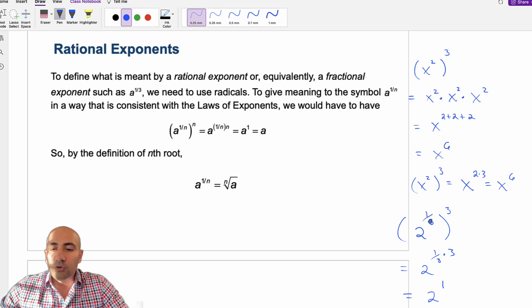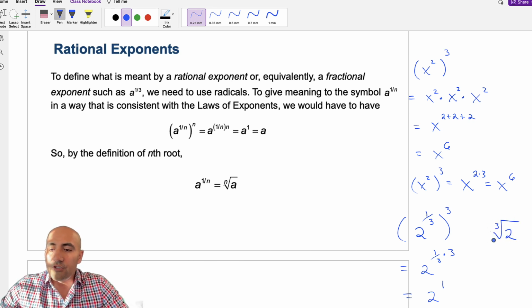So 2 to the 1/3 is a number such that when you multiply it by itself 3 times, the answer is 2.